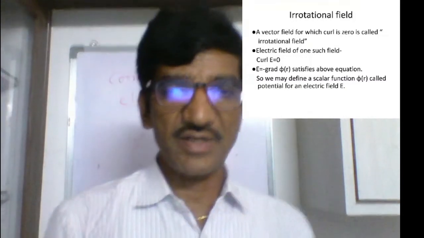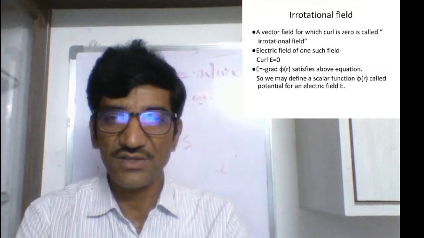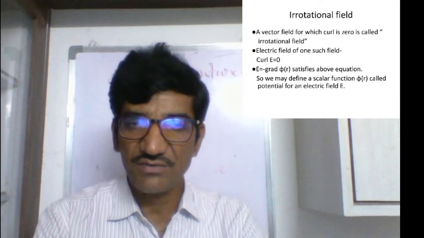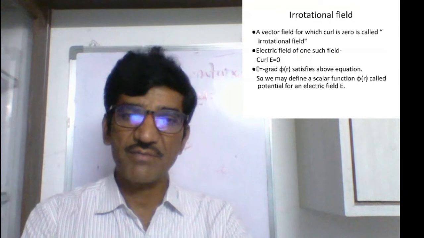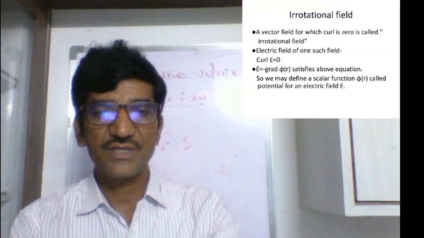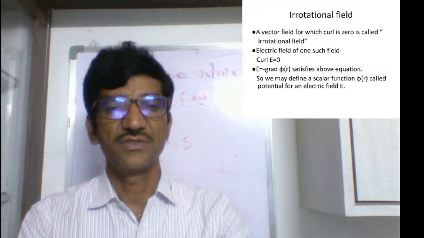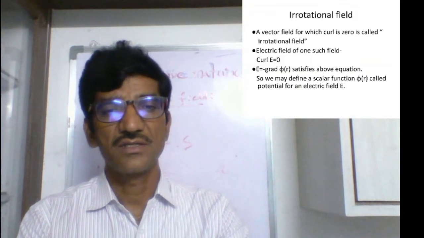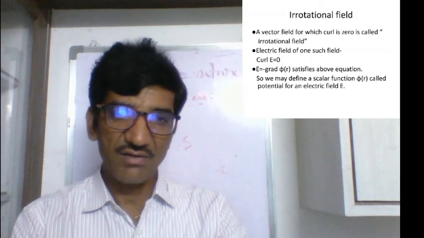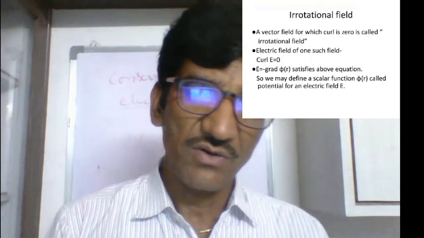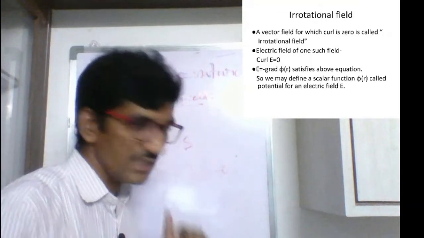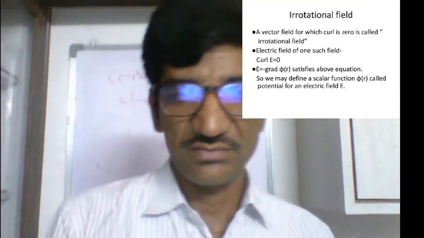This is a mathematical statement of the conservative nature of the electric field. What is that statement? Circulation of vector E is 0. That means the linear integral along the closed curve of E is 0.